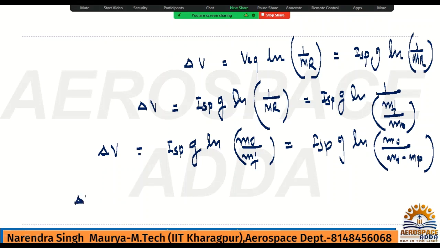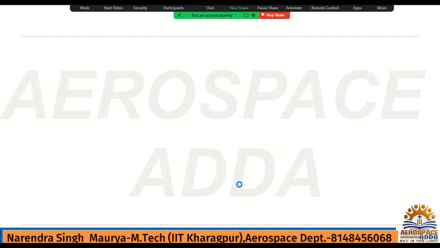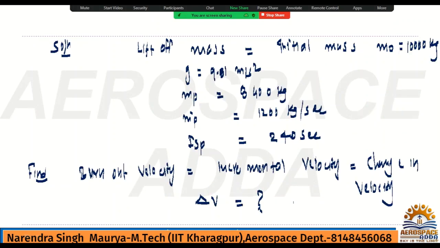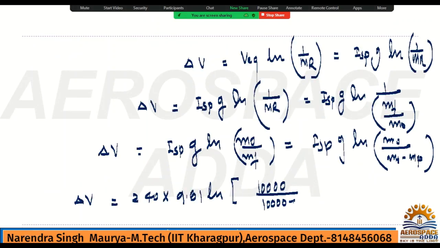Isp they have given is 240, times 9.81, ln of m naught, the initial or lift off mass, which is 10,000, divided by m naught 10,000 minus the mass of the propellant, 8,400.